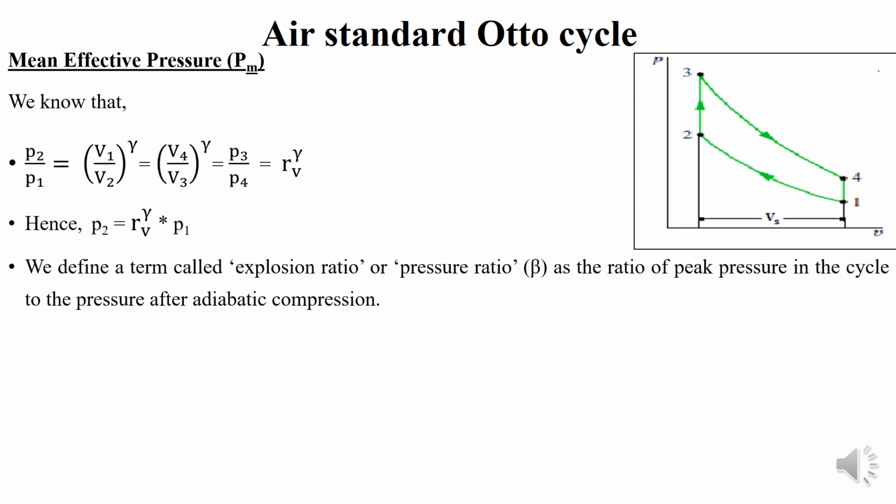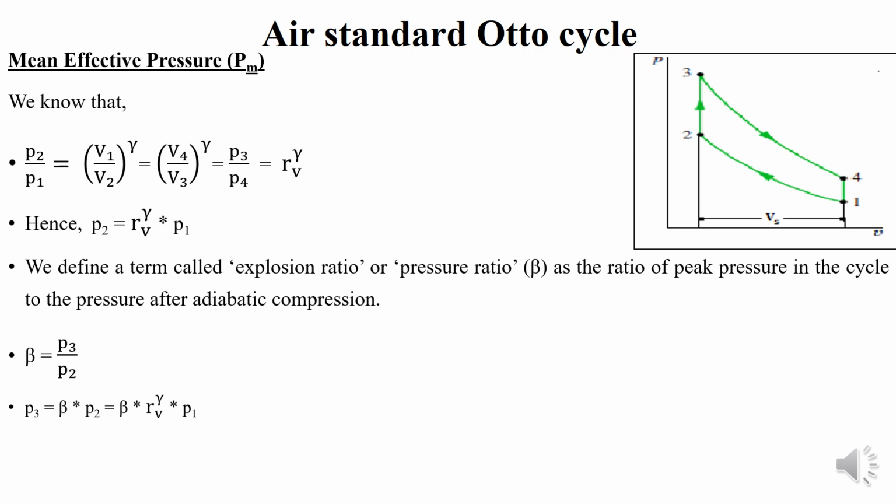That is denoted by beta, and it is given by P3 by P2. That is, during the heat addition process pressure will suddenly increase. So the maximum pressure divided by the initial pressure is nothing but the pressure ratio or explosion ratio, and it is given by P3 by P2.